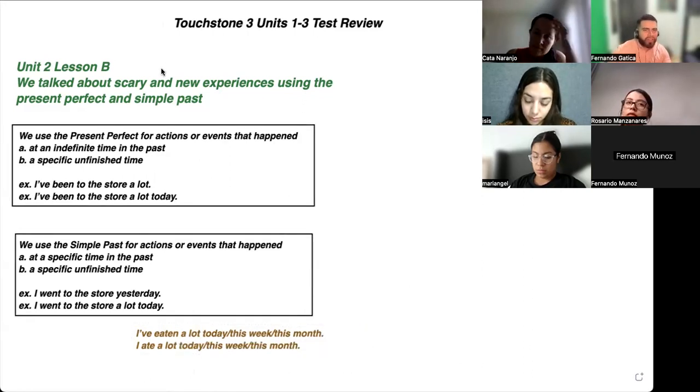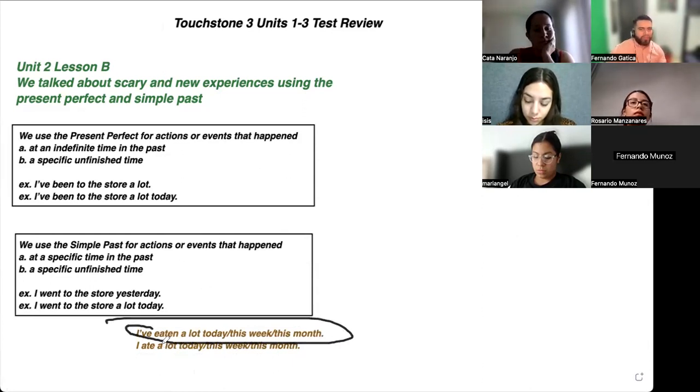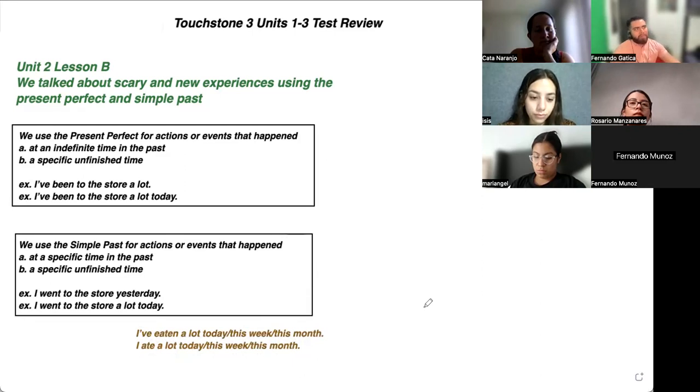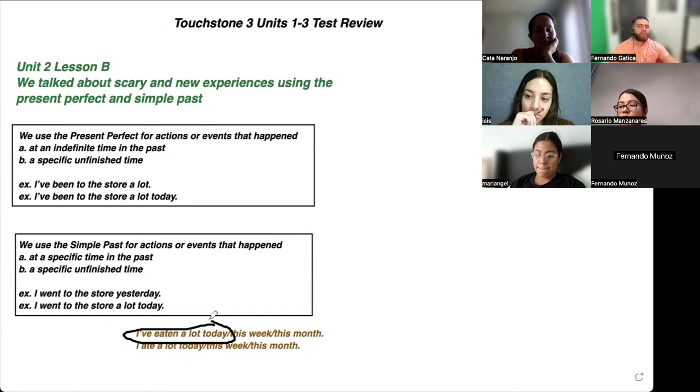Entonces, si yo puedo decir esto, pero también puedo decir esto, ¿cuándo sabré cuándo usar cuál? The first one, I've eaten a lot today. He comido mucho hoy. Suena como que la actividad aún no ha terminado. Como que existe la posibilidad de que coma más otra vez.